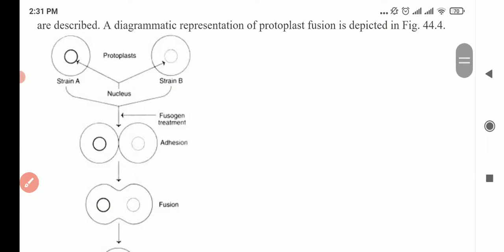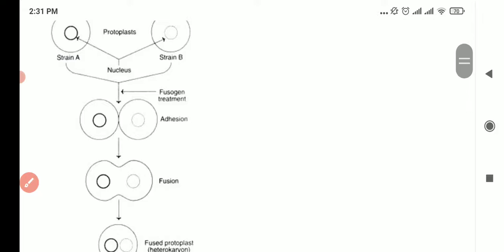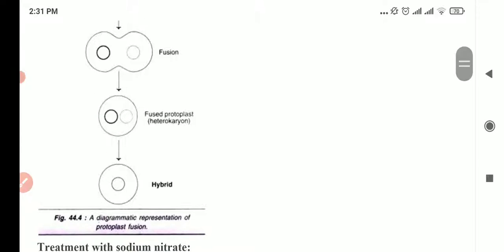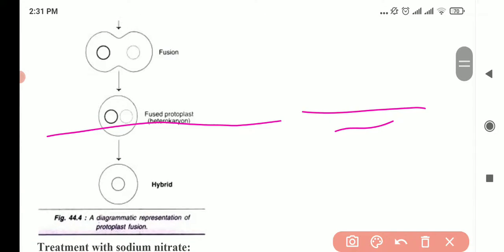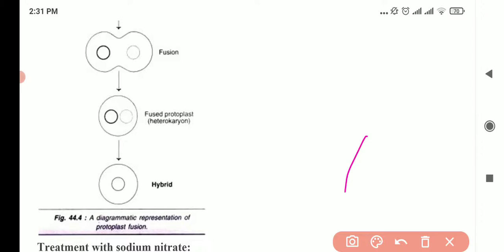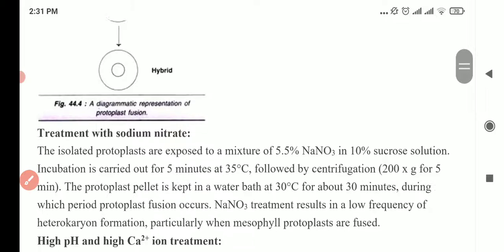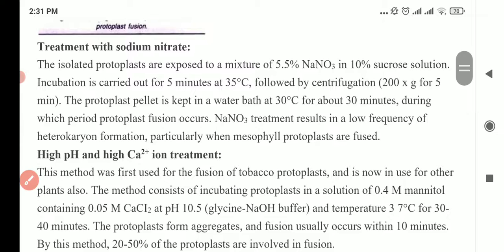The protoplasts of strain A and strain B, you add the fusogen treatment, then the protoplasts will fuse, and then you will have a heterokaryon, meaning the nuclei have not fused yet, and then when the nuclei have also fused, you get a hybrid. It's easy enough because we have done protoplast isolation.